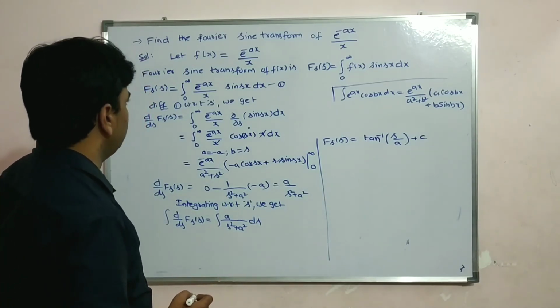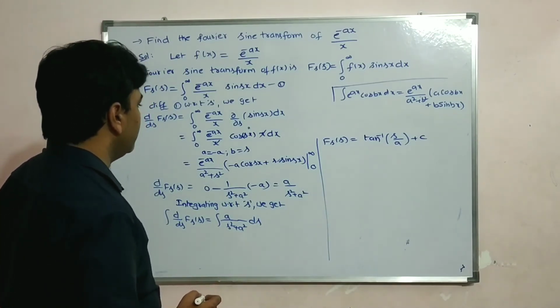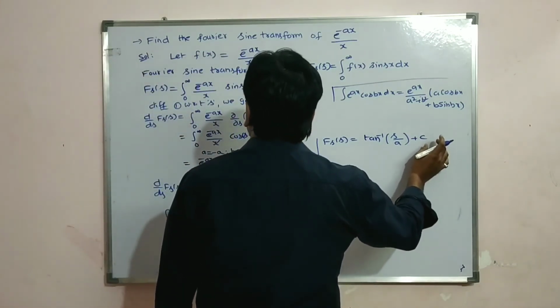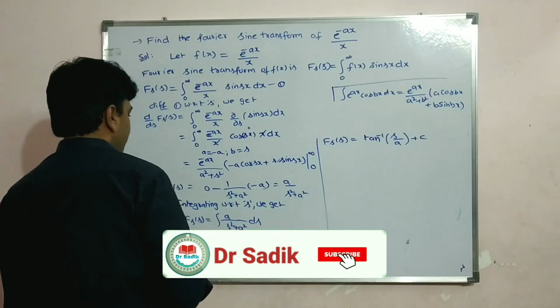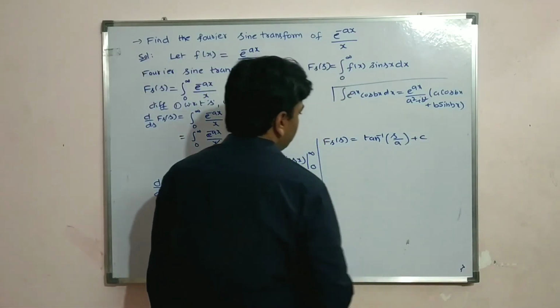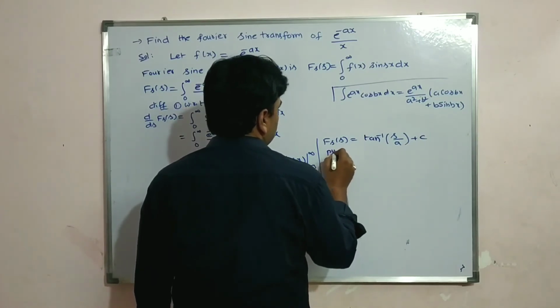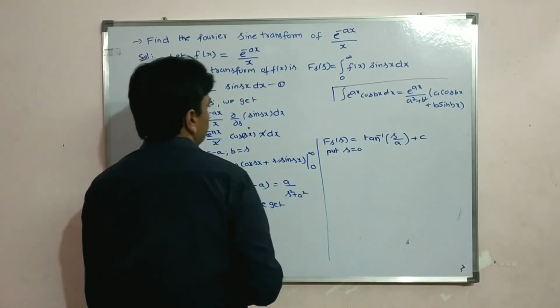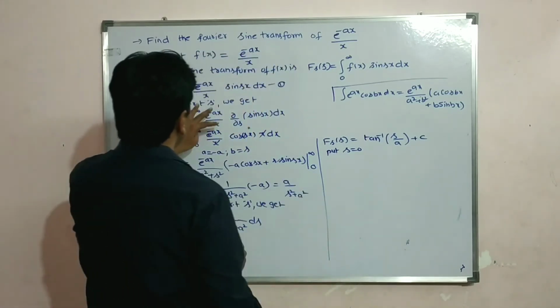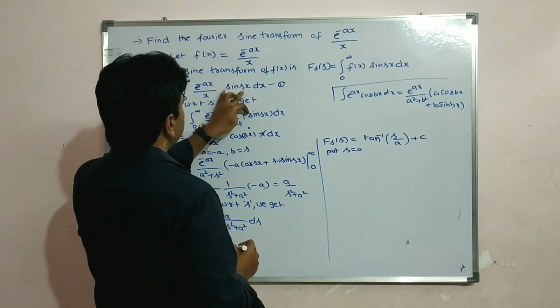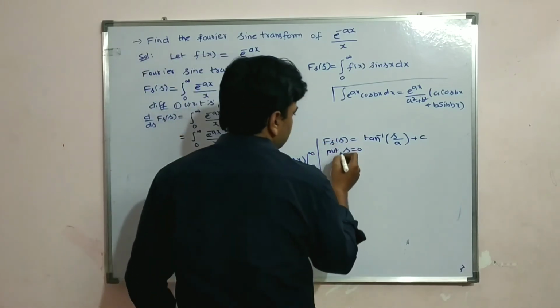Tan inverse s by a plus c. Now I want to find the c value, so put s equal to 0. Whenever s is equal to 0, sin 0 is 0, so the Fs of s value is 0.